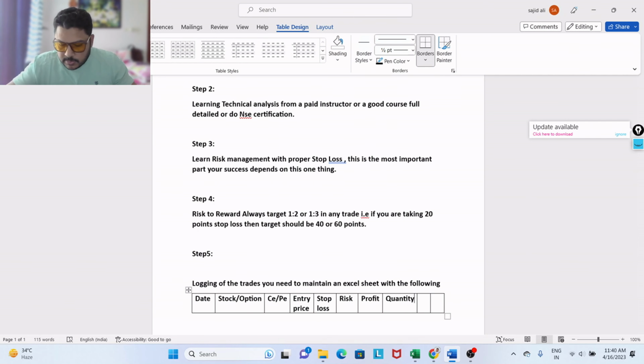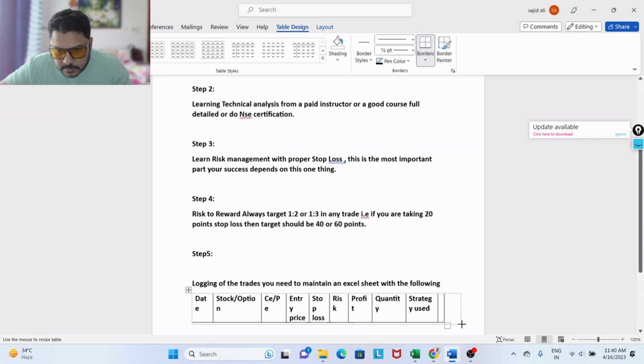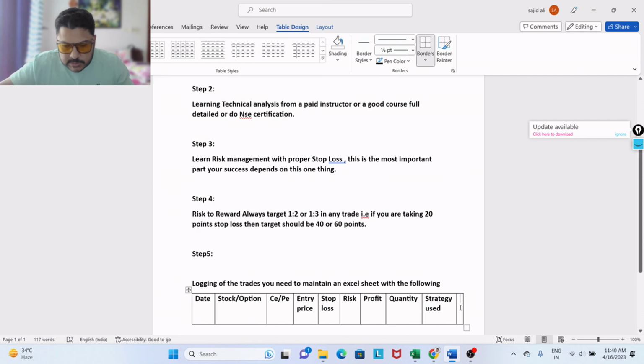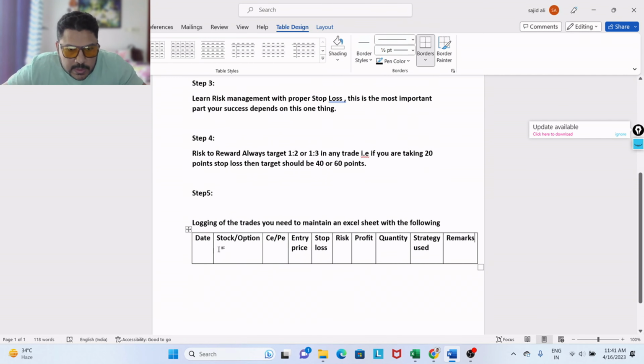Quantity should be before, so that you can calculate all this. And strategy used. Last is remarks. So this is very important for you to analyze and learn from your trading style.